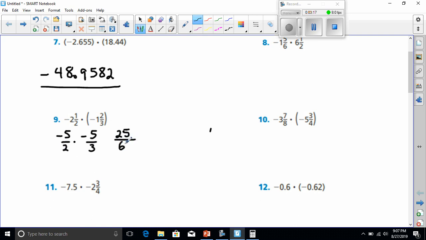Now I have to see how many times 6 goes into 25, because remember, every fraction is really a division problem. This is really 25 divided by 6. Well, we know that 4 times 6 is 24, so we're going to multiply this to 4. And that's going to give us a remainder of 1, which means our answer is 4 1/6.